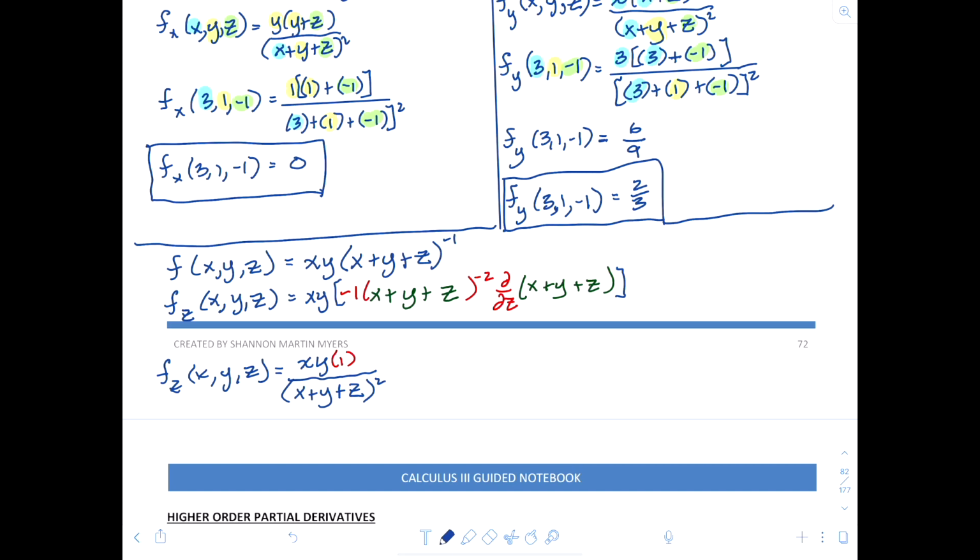And evaluating this at 3, 1, negative 1. So our slope in the z direction will be 3 times 1 over 3 plus 1 plus negative 1, the quantity squared.